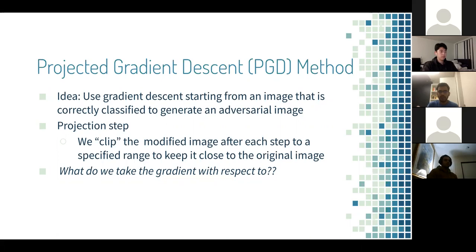So you want to make sure that your corrupted image looks pretty similar to the original image. So you make sure that when you modify the image, you don't modify it by too much. Maybe you just mess around with a few pixels, or for every pixel, you don't change any pixel value by a very large amount. So in the end, you first do a gradient descent update, and then you make sure that your update doesn't result in an image that looks very different from your original image.